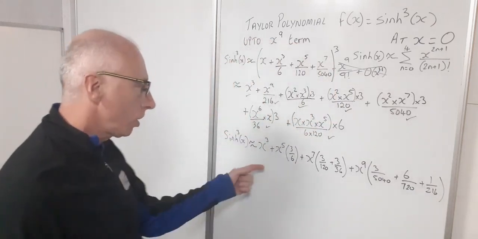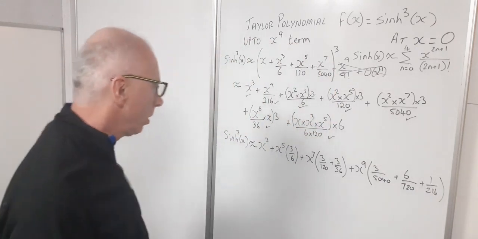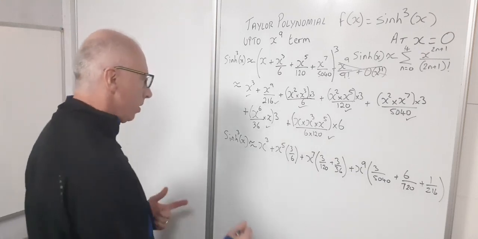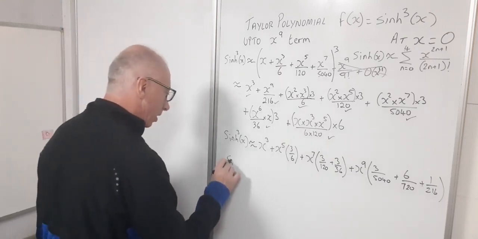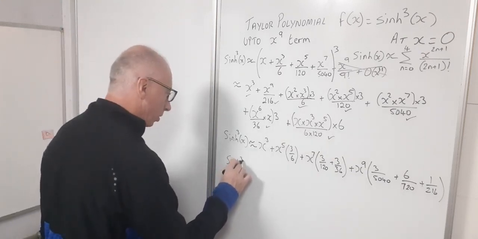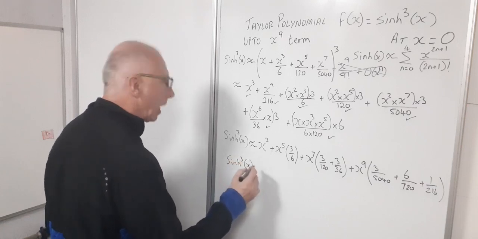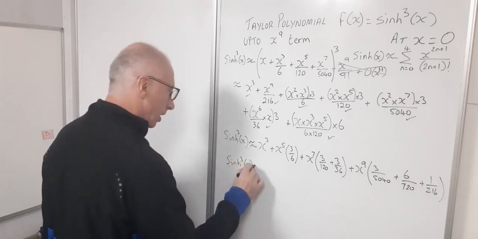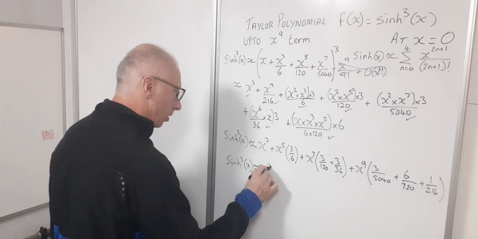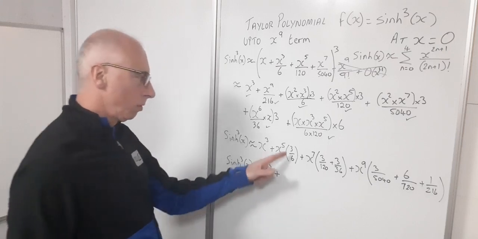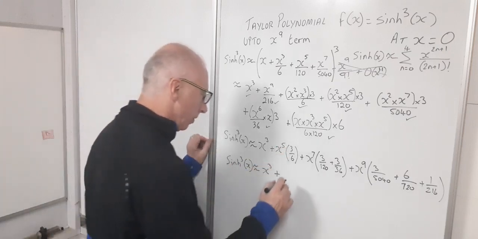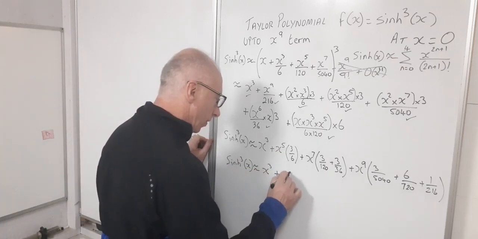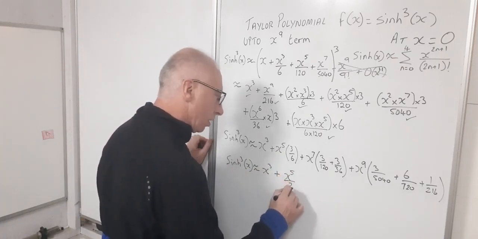Okay, right. I'm going to use calculators to work this coefficient out. So now my final answer for sinh cubed of x up to the x to the 9th term is approximately x cubed plus, well, this I know is a half. I don't need a calculator for that. So I'm just going to write x to the 5 over 2.